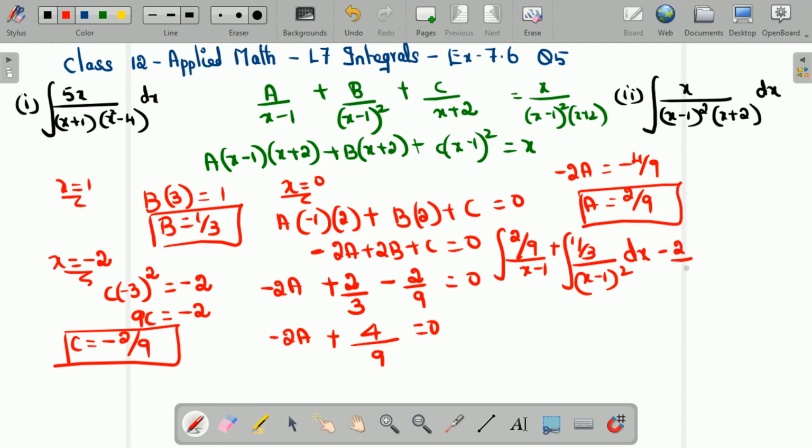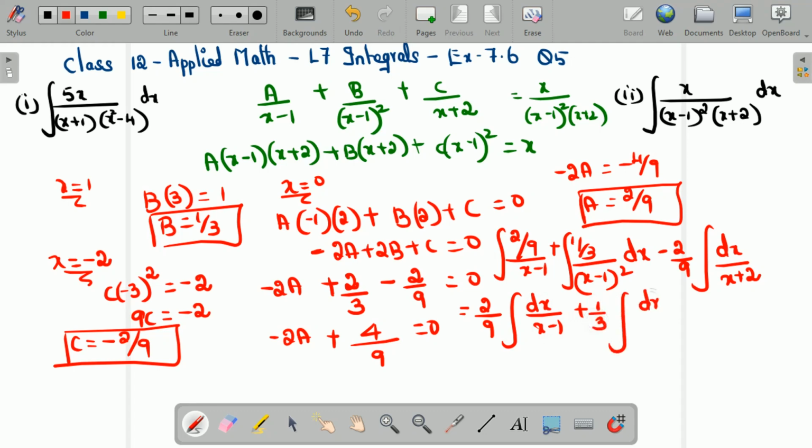This is minus 2 by 9 integral of dx divided by x plus 2. So in the first case, this is 2 by 9 integral of dx divided by x minus 1, plus 1 by 3 integral of dx divided by x minus 1 the whole squared, minus 2 by 9 integral of dx divided by x plus 2.